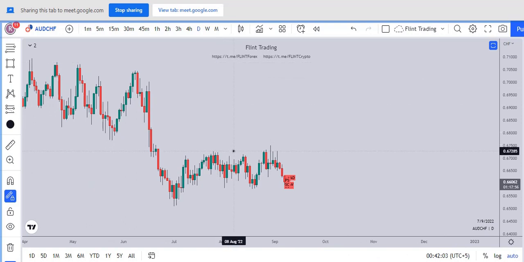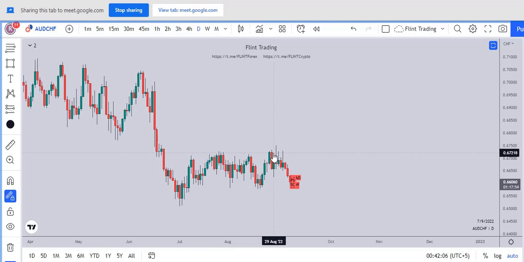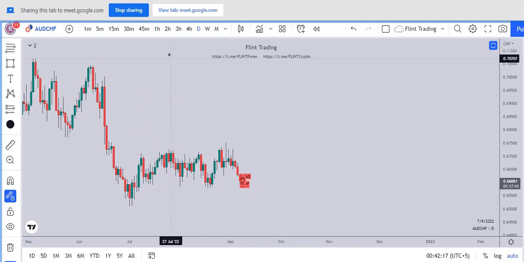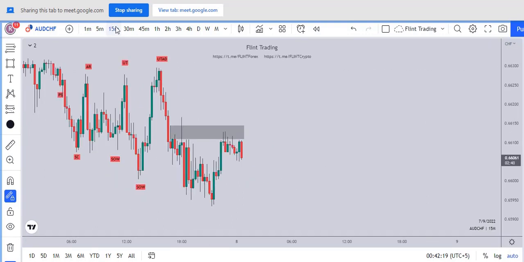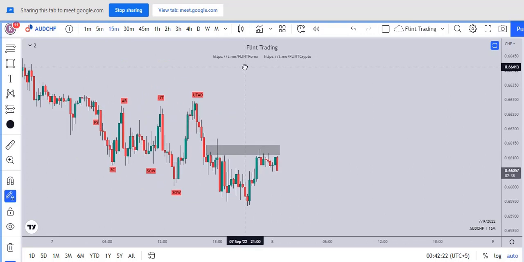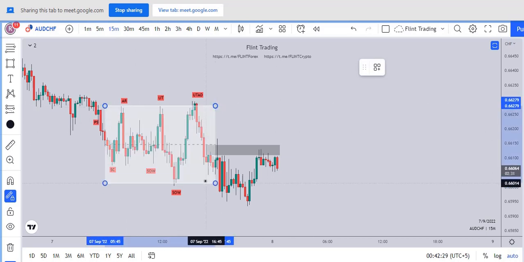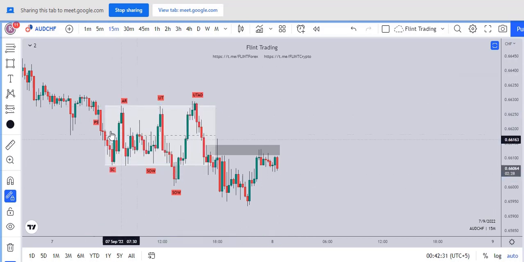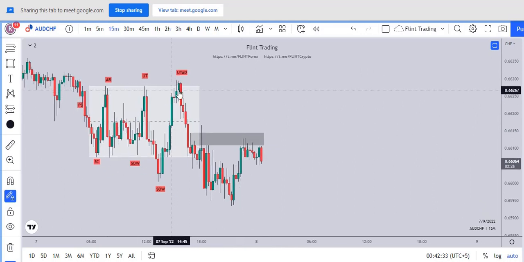Okay, so right here I sent an analysis and price was right there, and I was expecting price to drop because this is more like a redistribution phase. Now recently, on 15 minutes, I am observing a redistribution phase right there, this being the UCAD and this the side of weakness.